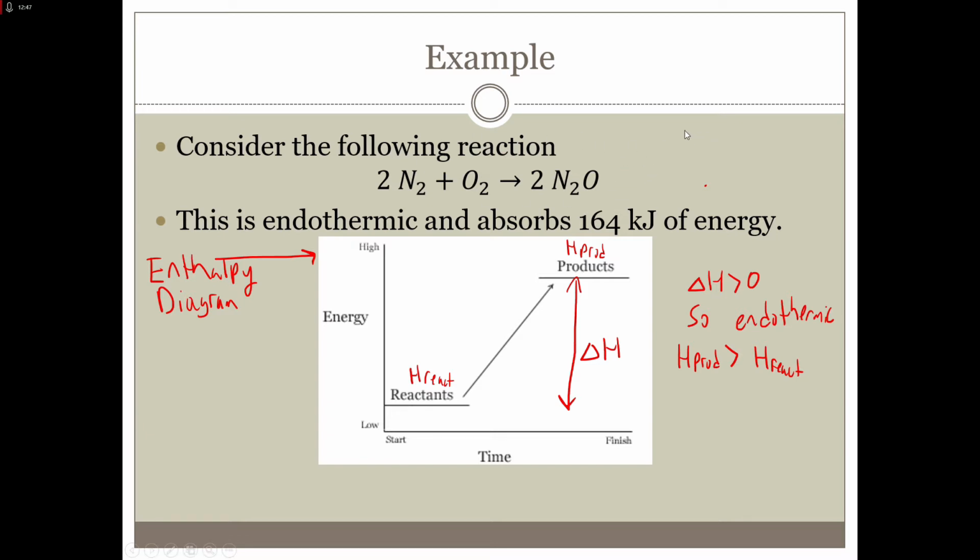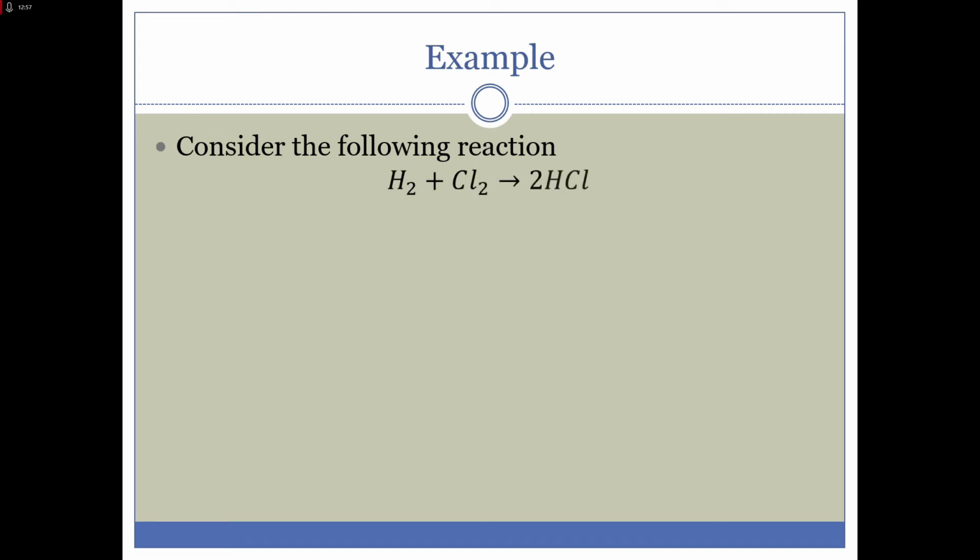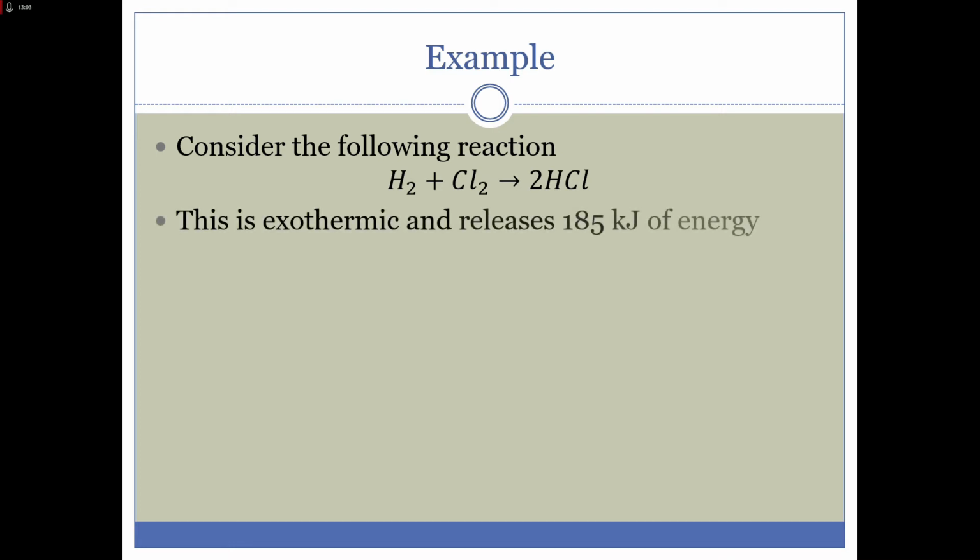Now, by contrast, an exothermic reaction like the one in this example. Here, this is hydrogen gas combining with chlorine gas to make hydrogen chloride. This particular reaction is exothermic, and the enthalpy diagram will look different.